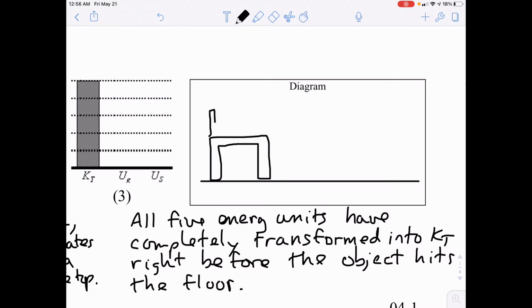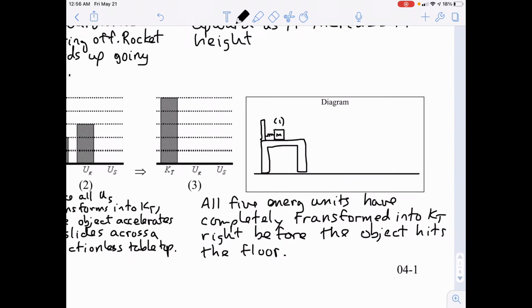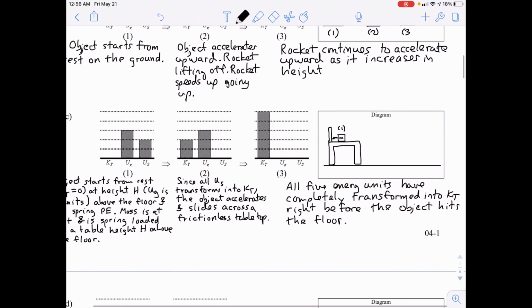And maybe some wall over here with a compressed spring, and that would be the mass at part 1. And if we look at the mass at part 1, it's height h above the floor, giving it some gravitational potential energy, and you have a compressed spring right here, giving it some spring potential energy.